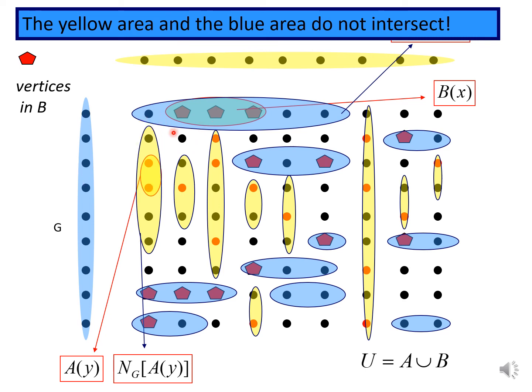Another case is that there's a vertex which is in AY. If it's in AY, then of course it's not in BX because A and B are disjoint. But it is in the closed neighborhood of BX, say like this. If this is the case, then I ask: this is in B, so why is it in B? Because this is the definition; I put it in B. If we go along this column, I can find a lot of vertices in U such that, looking at the first coordinate, they are adjacent.